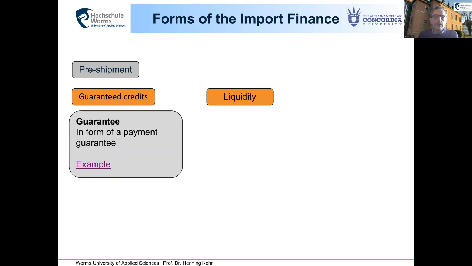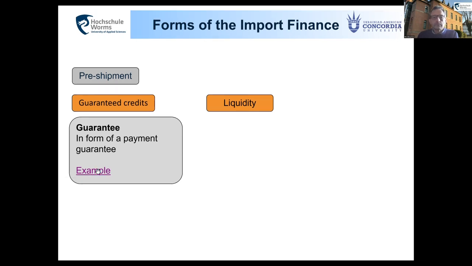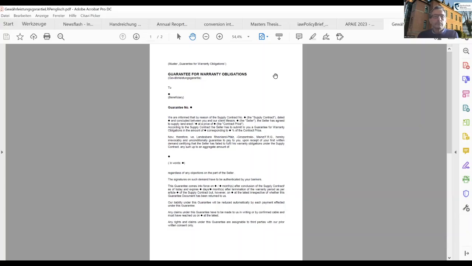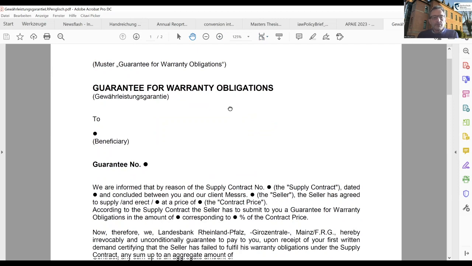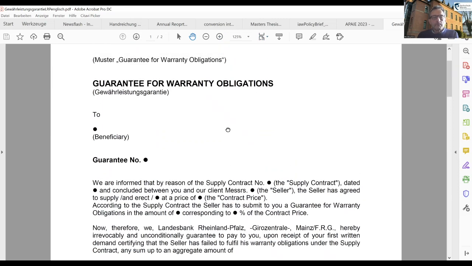And now I want to explain a little bit what I understand under a guarantee, and therefore my example here. Excuse me that there are some German words, but the whole thing is a guarantee.